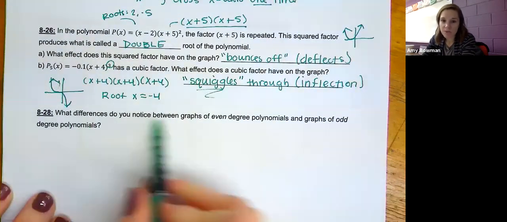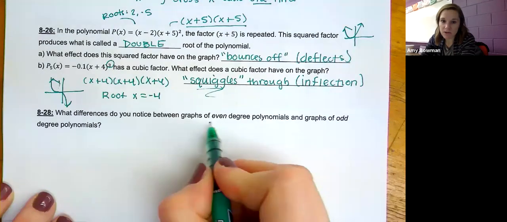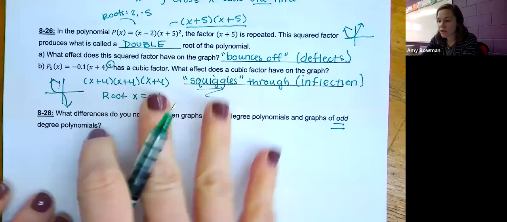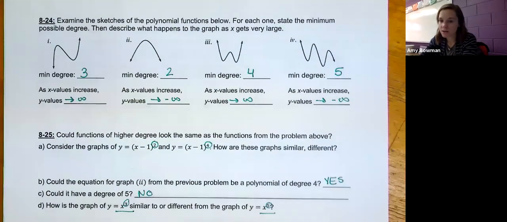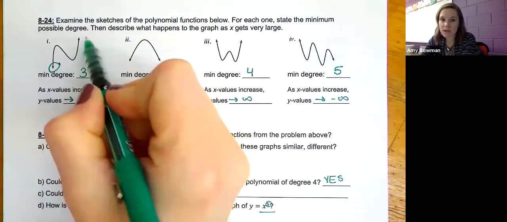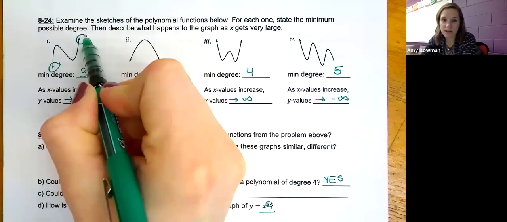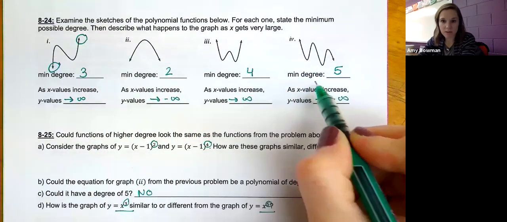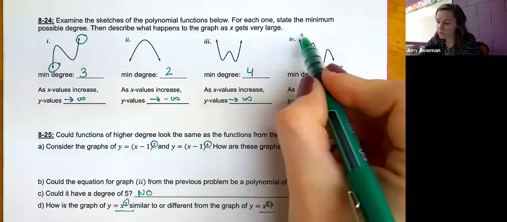Then this next question here, what do I notice about the graphs of even degree functions versus odd degree functions? So again, let's look back up here. This is odd. And I want you guys to pay attention to what's happening at the ends of the graph, so basically where the arrows are. That one is odd, and this one is 5th degree, so that would be an odd degree as well.